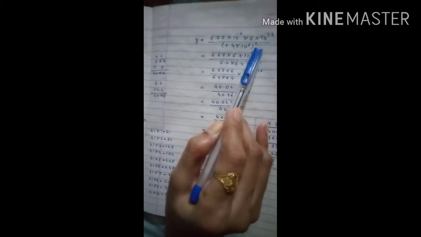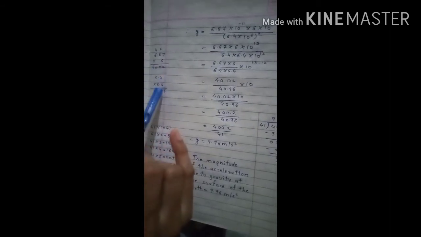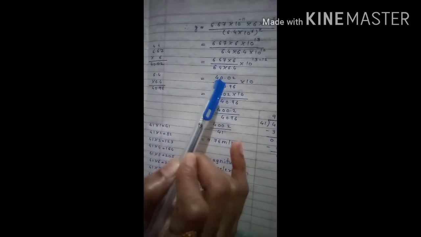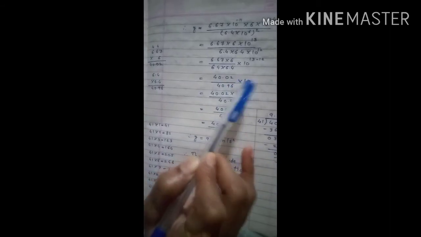When it comes to the numerator, it will become negative. So 10 raised to 13 minus 12 will become only 10. And we will do the numerator's multiplication and denominator's multiplication in the working column. So this multiplication in the numerator is coming 40.02, and in the denominator it is coming 40.96 into 10.